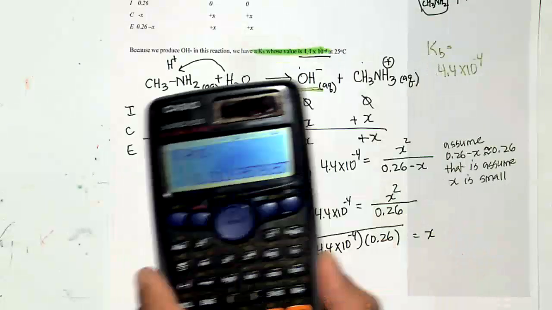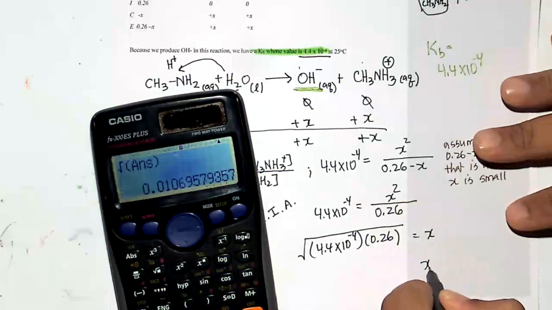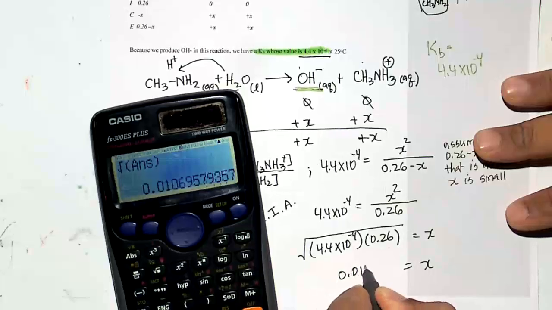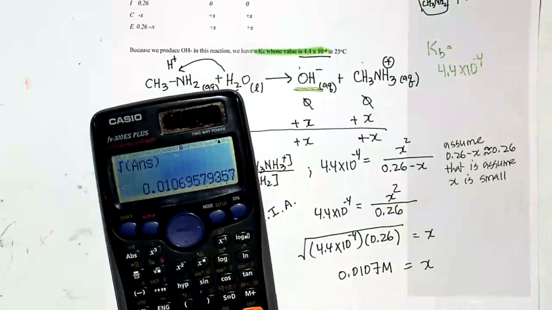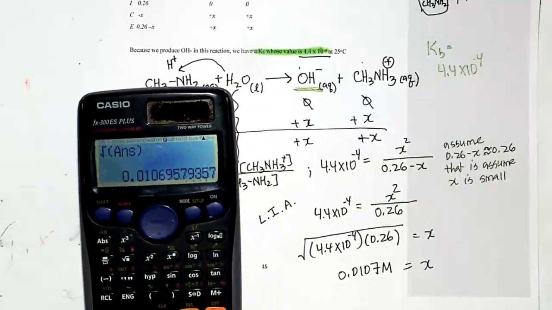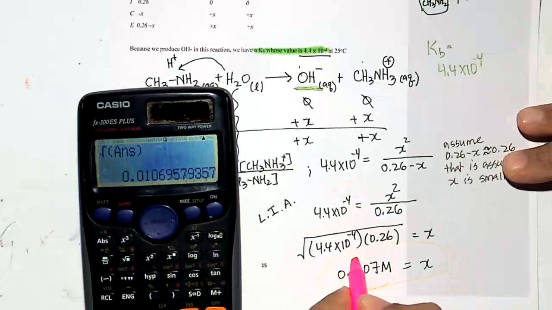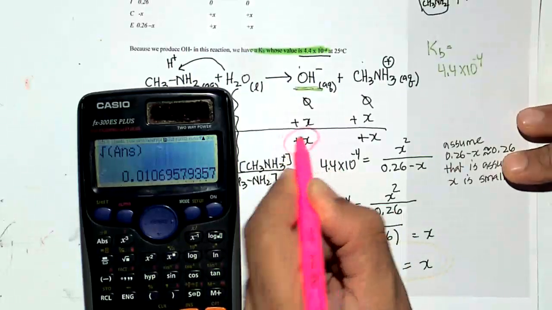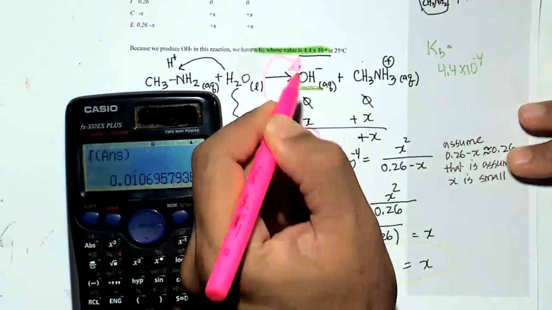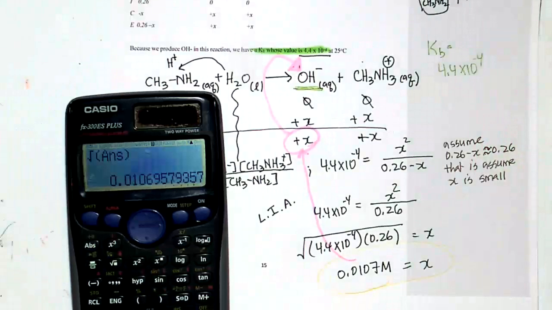The units are big M, molar, moles per liter. So what does this x represent? This x is the concentration of OH minus.